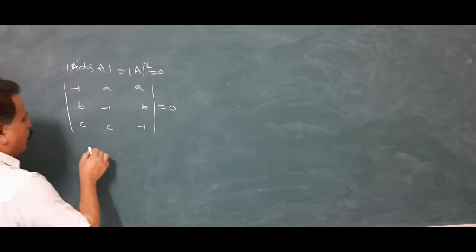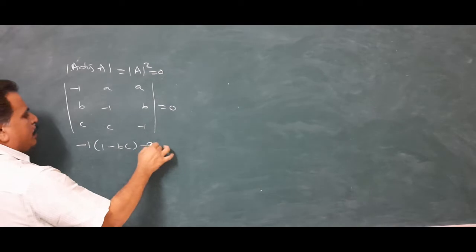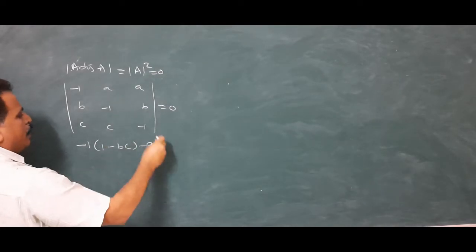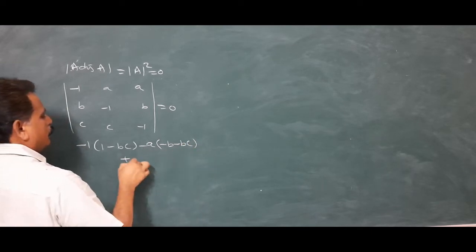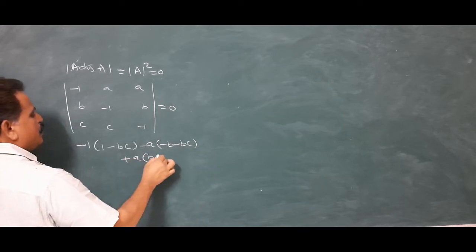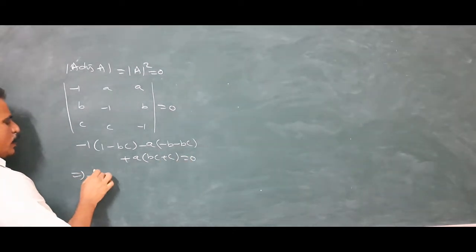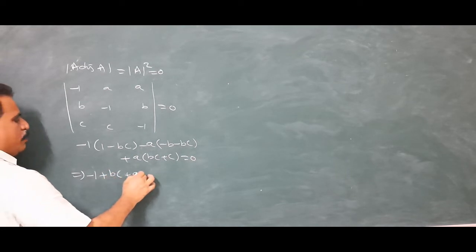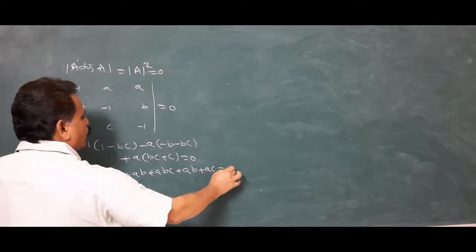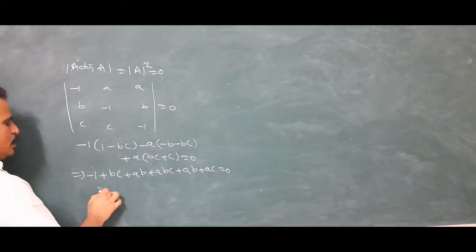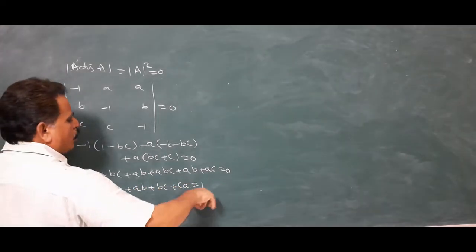General expansion: 1 minus BC, minus A into (minus B minus BC), plus A into (BC plus 1) equal to 0. If you expand this, it implies minus 1 plus BC plus AB plus ABC plus ABC plus AC equal to 0. That means 2ABC plus AB plus BC plus CA equal to 1.